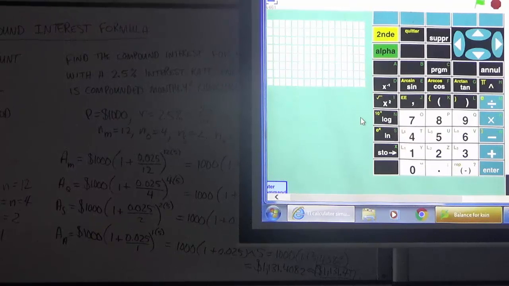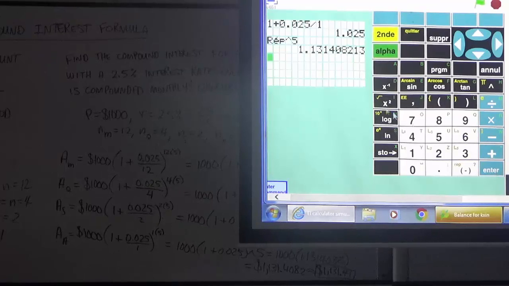And finally, we have the annual compound where we have 1 plus 0.025 divided by 1. And this stays the same. We should have 1.025 when we press enter. And now we raise this to 5 years of compounding annually, which gives us just 5 compounds when we multiply 1 by 5.